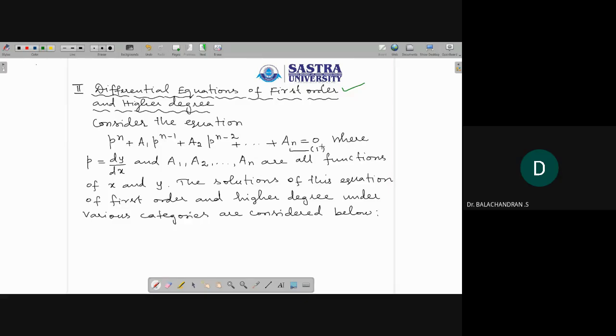This is equation 1, where p equal to dy by dx, and a1, a2, an are all functions of x and y. The solutions of this equation of the first order and higher degree under various categories are considered below.